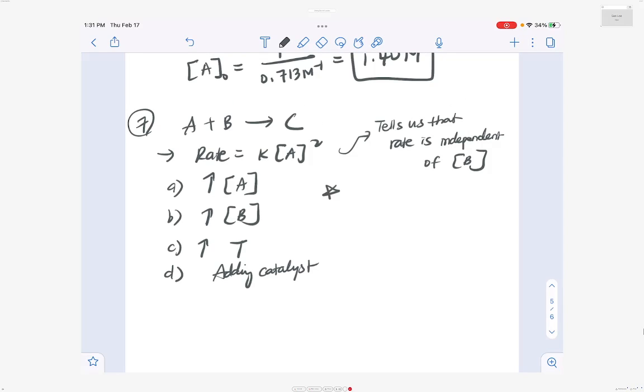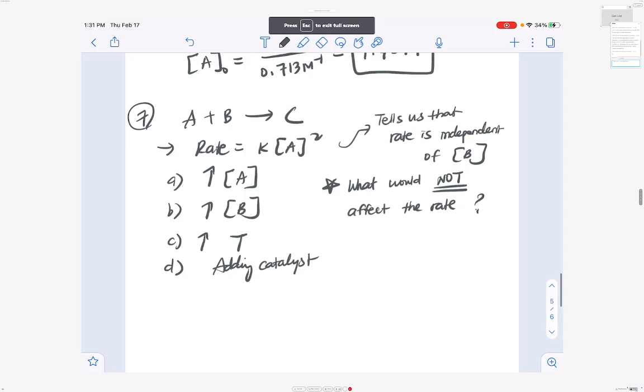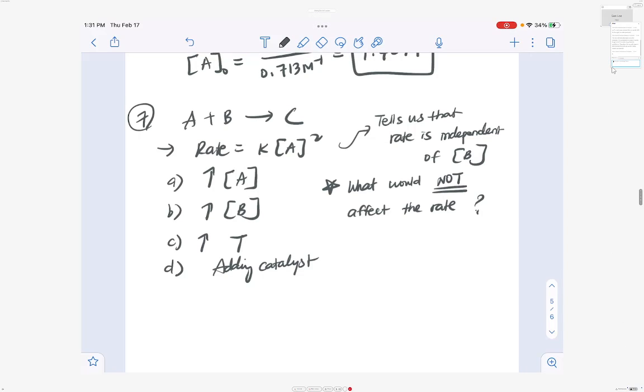The question was asking what would not affect the rate. Okay, what would not affect the rate? Because the rate is dependent on A, if you increase the concentration of A, this would increase the rate.